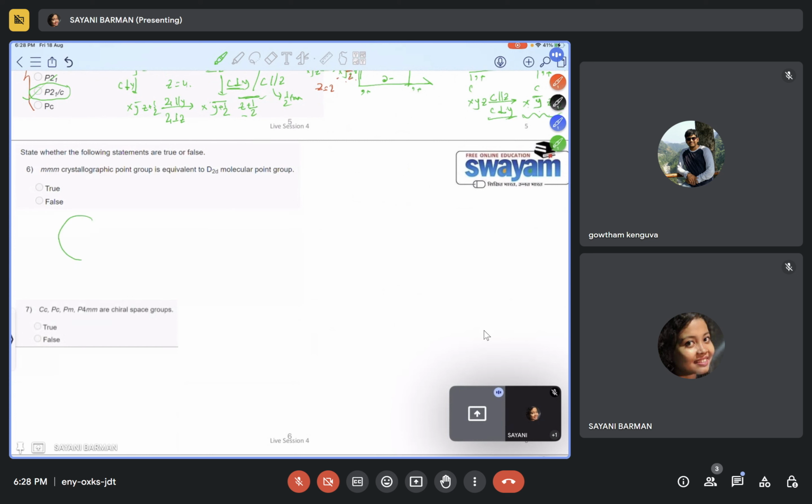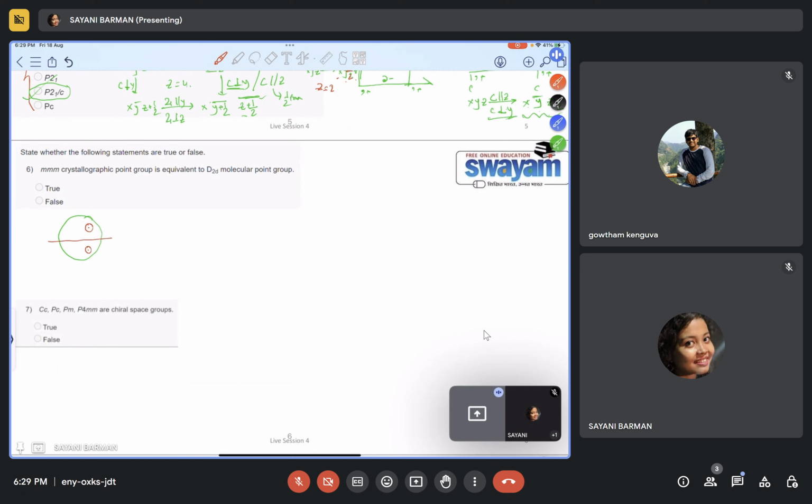Now mmm, we have to draw. See, in mmm, we have to first see like this. If this is the point, then let's say the mirror plane is here, then you'll be getting a point here.